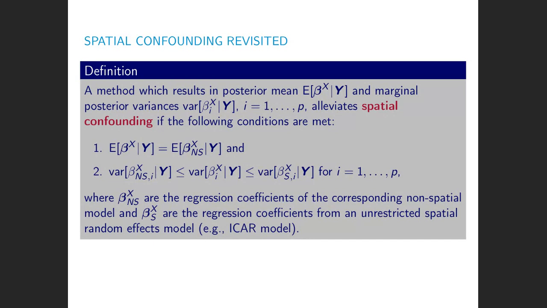So this is what people were expecting, and then what we showed was in fact this solution, which requires that the spatial basis is orthogonal to the column space of X, actually does the opposite. And in fact, you don't get this anymore.